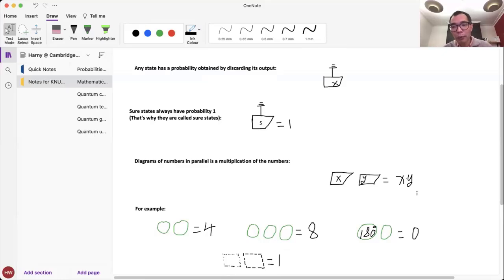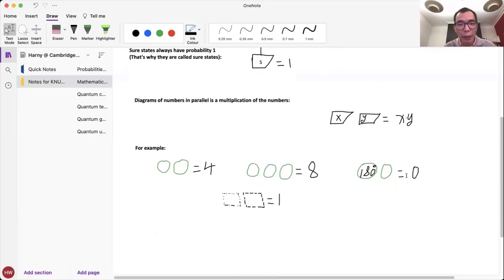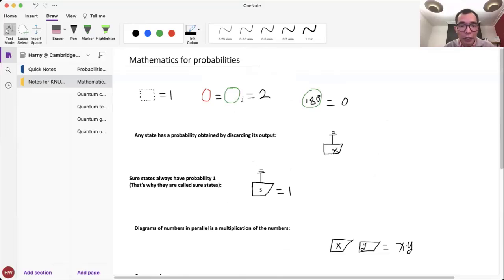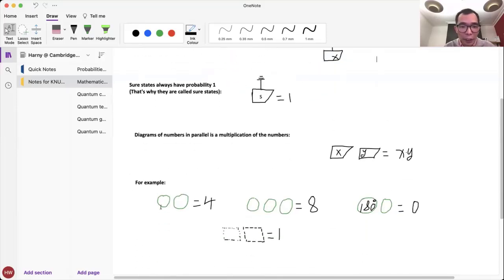You just put them in parallel. For example, as we have said, this green circle with phase 0 represents the number 2. So if we put 2 green circles together, then you will get 2 times 2, which is 4.